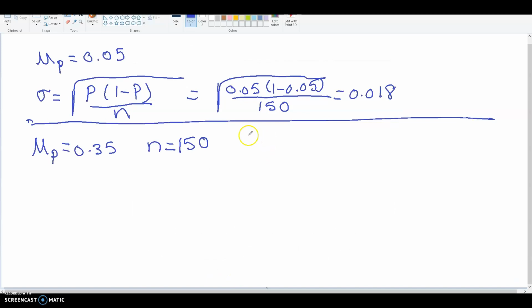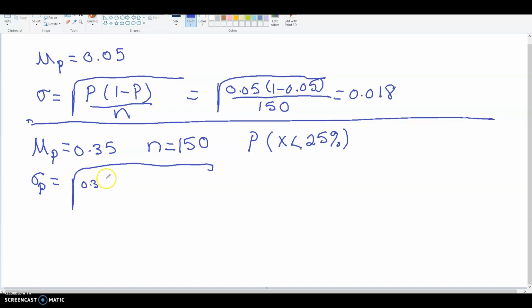So we're trying to answer the question, what is the probability that x is less than 25%? The first thing we have to do, remember how your standard deviation is calculated. The standard deviation of P will be equal to the square root of 0.35 times 1 minus 0.35, all divided by 150.